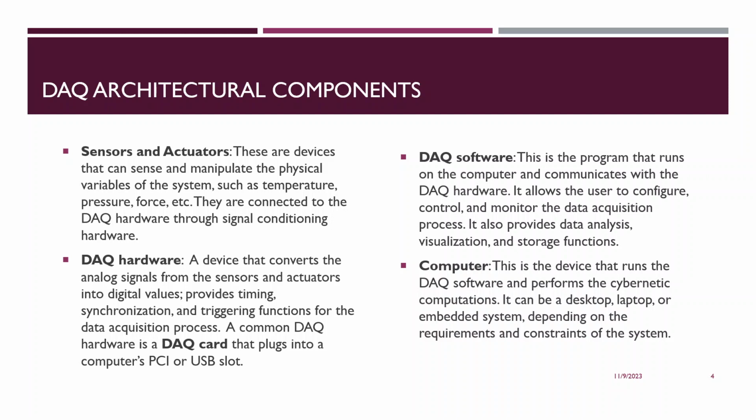In some cases, your DAQ hardware plugs directly into the computer. It could be remote single board computers, or a centralized computer. There are just different architectures, but usually there's some form of computational device that works in conjunction with the DAQ hardware.